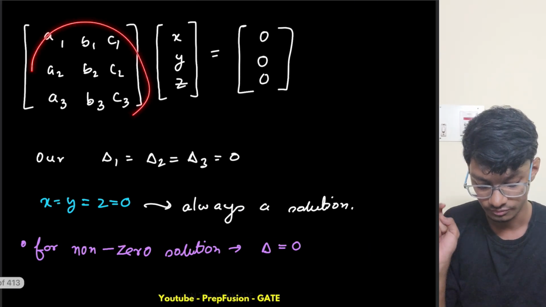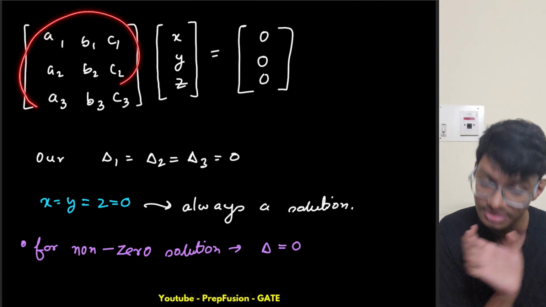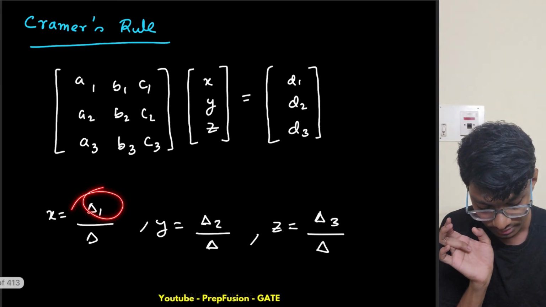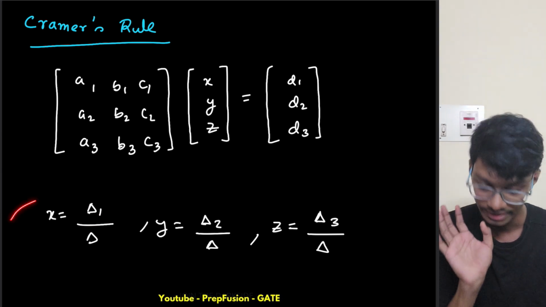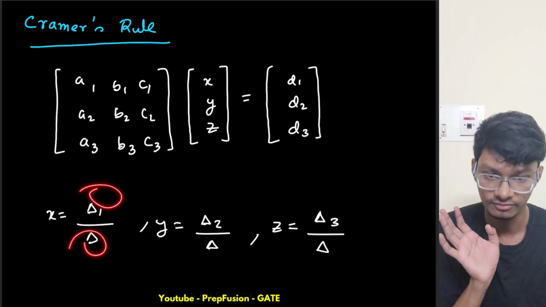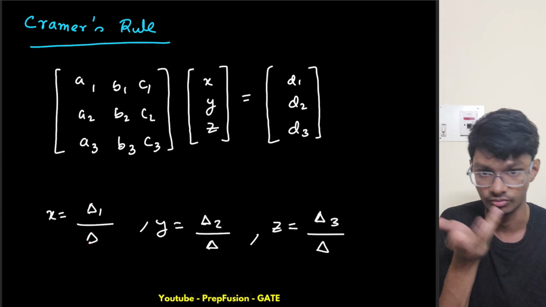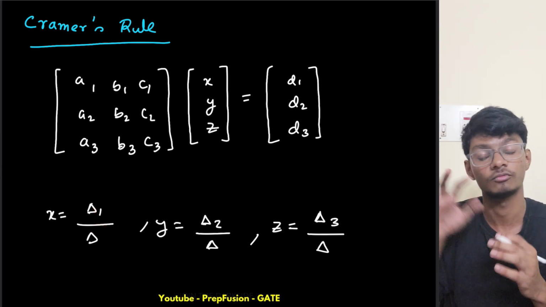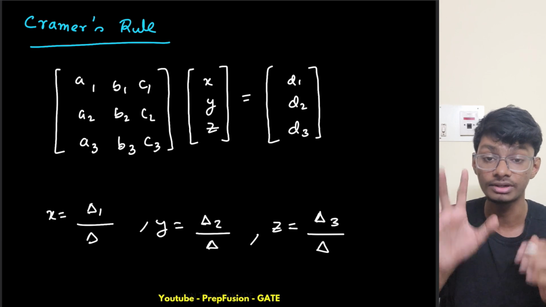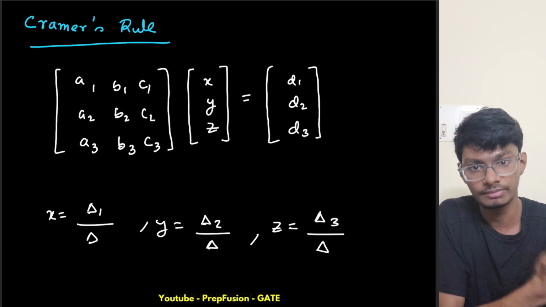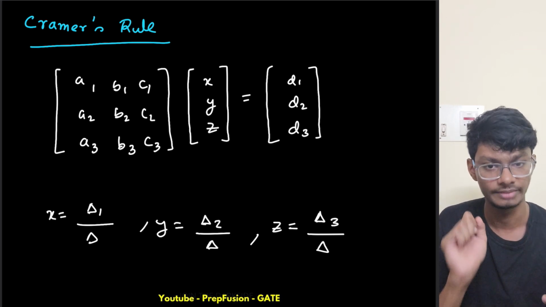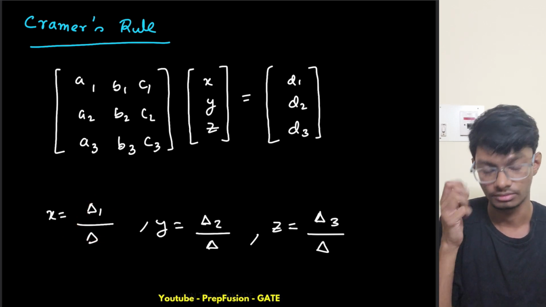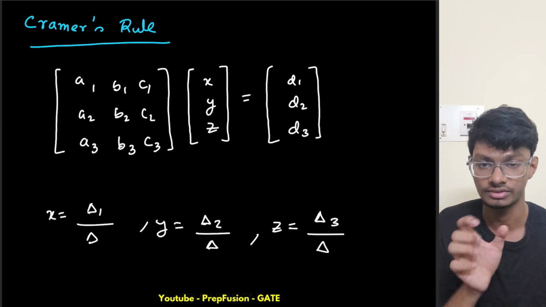For that I have to make this determinant 0, so that I get 0 by 0 format and so some finite value. 0 by finite is 0 only, but with 0 by 0 I will get some finite value. It may come 0 also, don't get me wrong, but most of the time I will get some non-zero value.